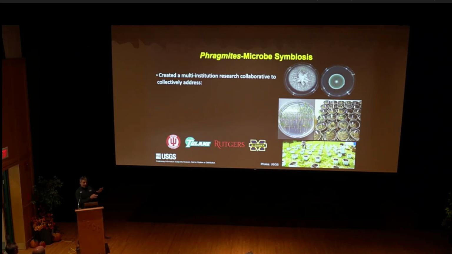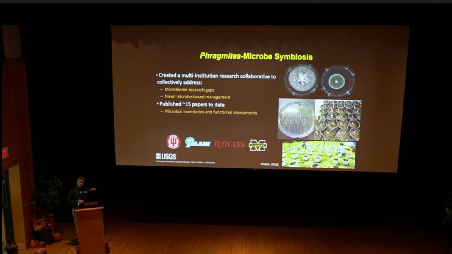Can we tweak that and take a collaborative approach into the research world? So that's what we did, created this multi-institution collaborative to really focus on this relationship between microbes and the plant, and not just study it, but also figure out, can we use that as a management tool? Can we turn that into something that's helpful to make management decisions on the landscape?